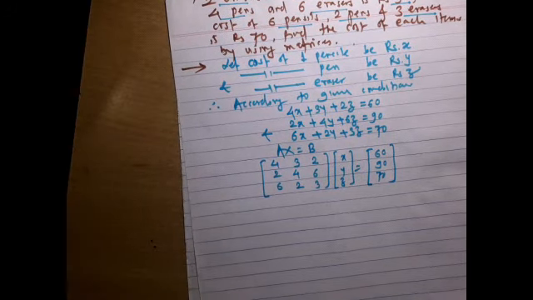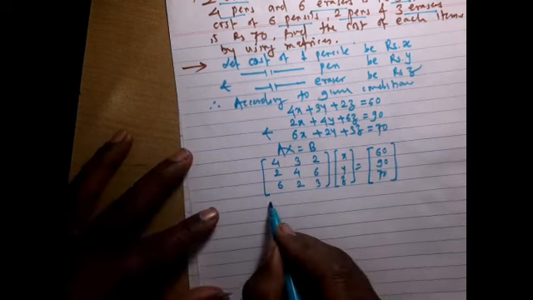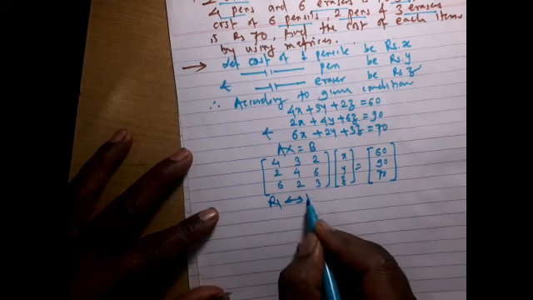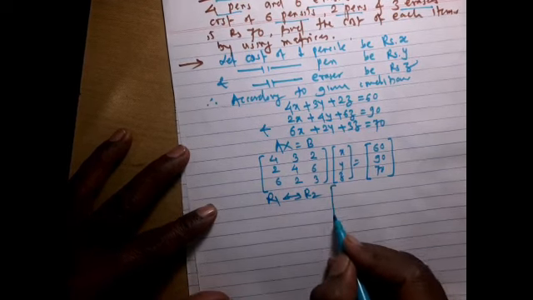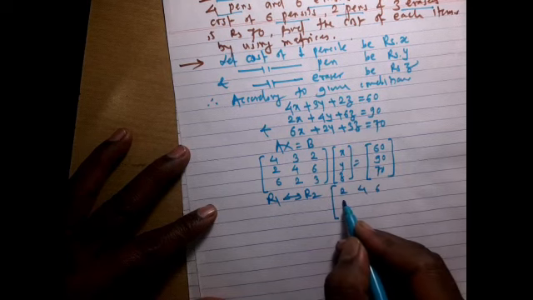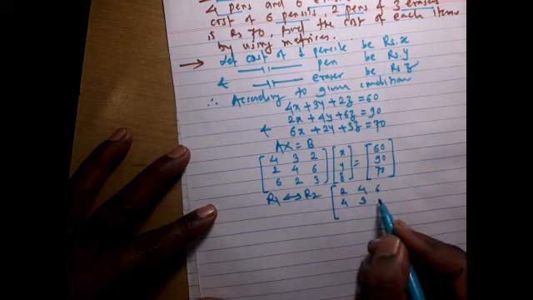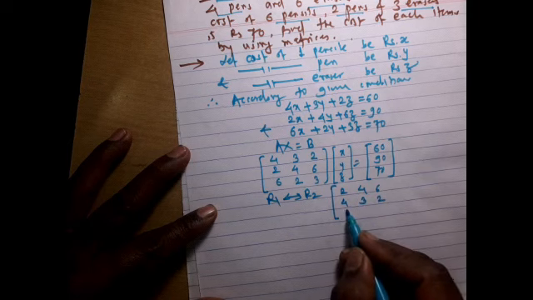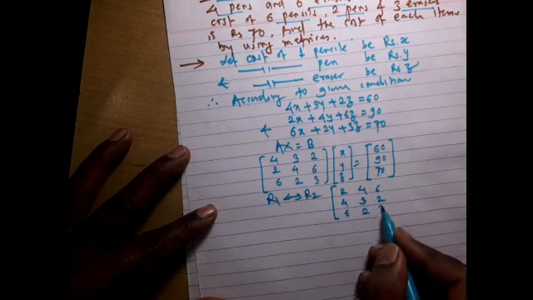So I am going to use the method of reduction instead of inversion. If the method is not mentioned, then you have the right to choose the method. So firstly, I'm going to interchange row 1 and row 2, and this will be 2 4 6, 4 3 2, 6 2 3.